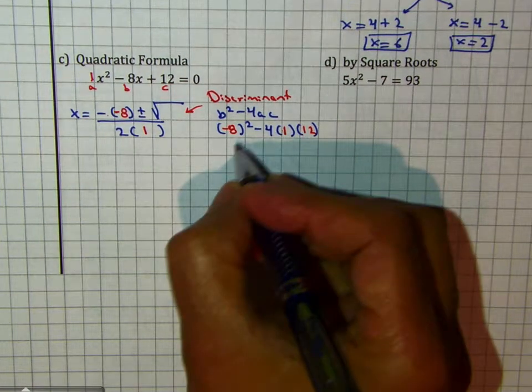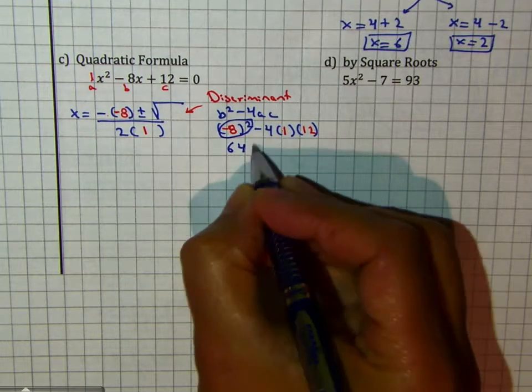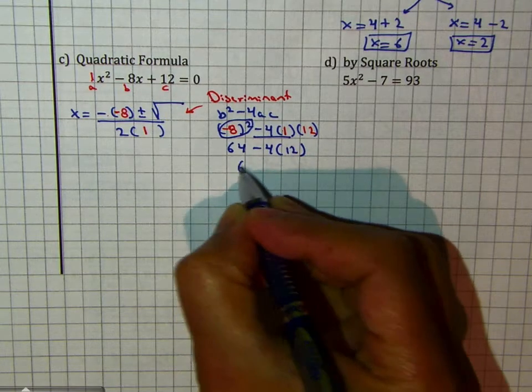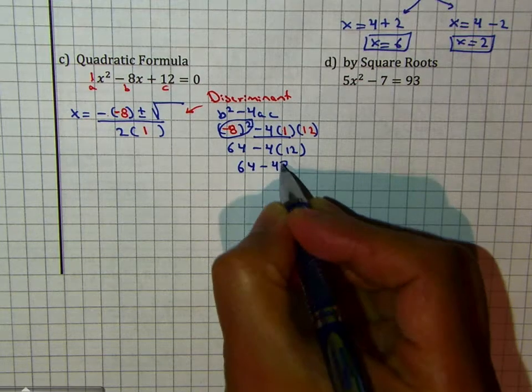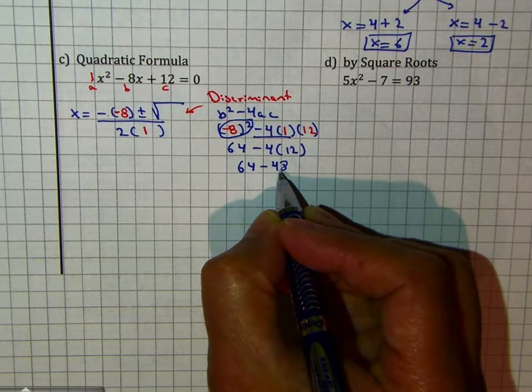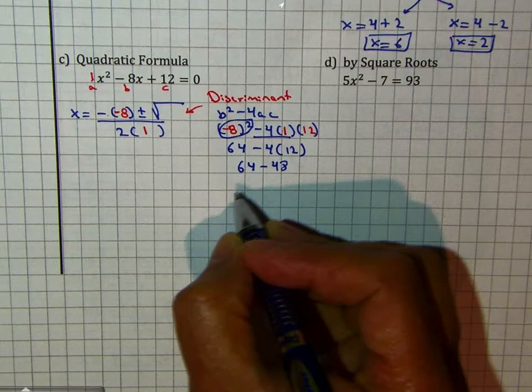Negative 8 times negative 8 is positive 64. So when you square it, you also square the negative. Then negative 4 times 12 is negative 48. And 64 minus 48 is 16.